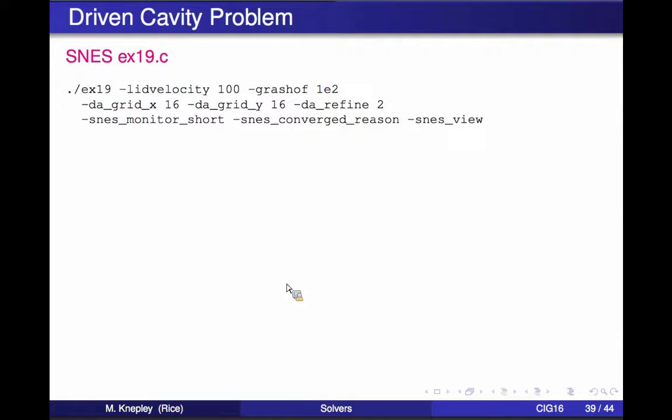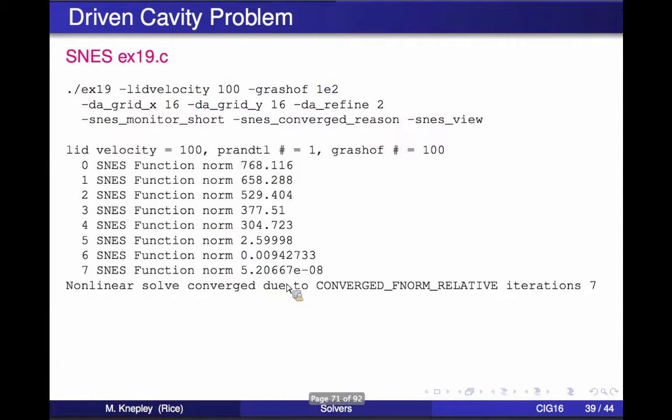So the very simplest system I could think of to do this was the driven cavity system. It's like Stokes with temperature. And so you have the controlling numbers: it's got a Rayleigh number because it's got a Prandtl number and a Grashof number. And if I fix Prandtl, then the Grashof number is the Rayleigh number, okay?